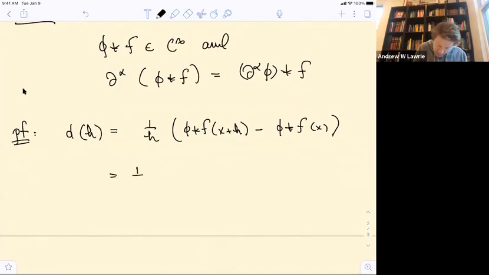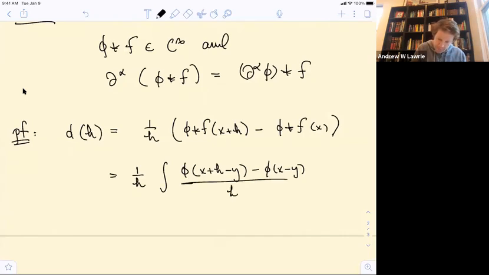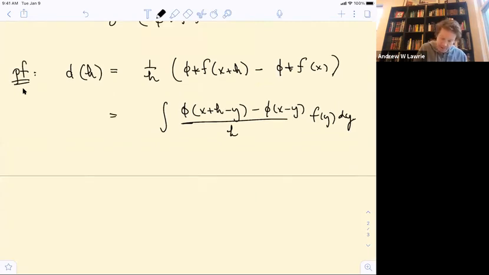This is equal to 1 over h times the integral of phi of x plus h minus y minus phi of x minus y, times f of y dy.